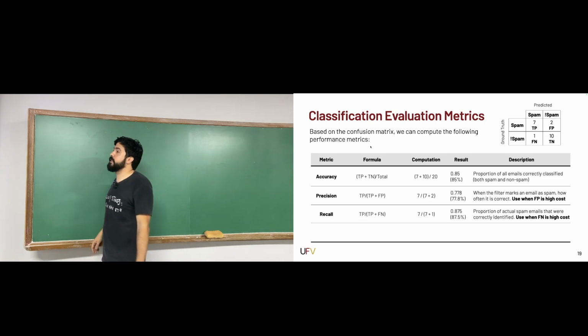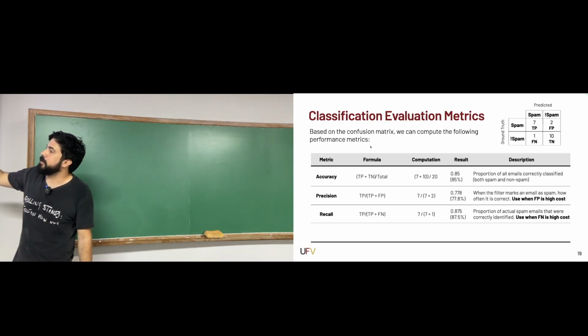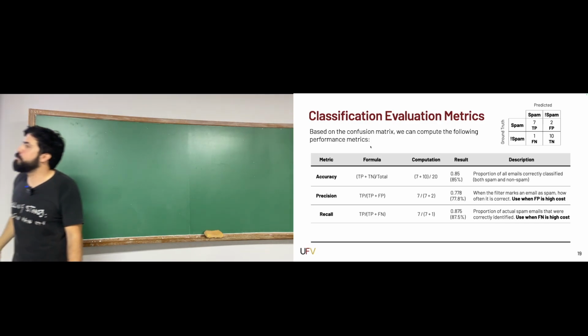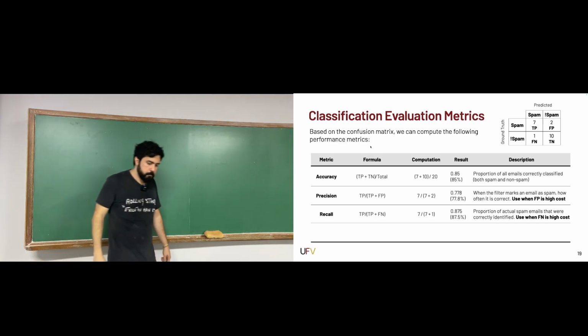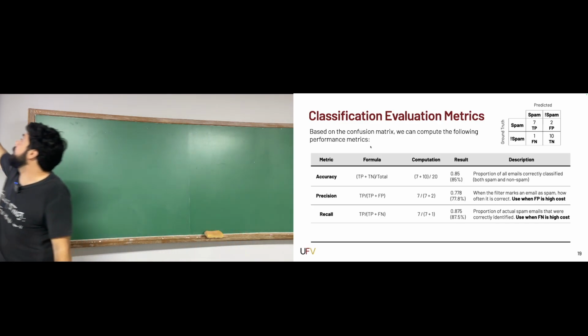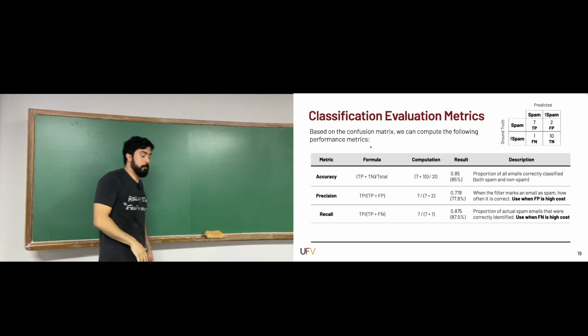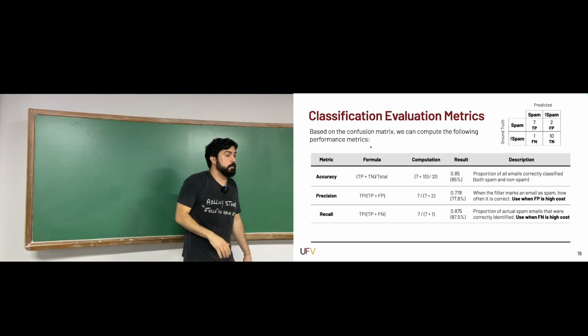And the third metric is recall, which is similar because it also has the true positives on top there. But it's divided by the column now, true positives plus false negatives.